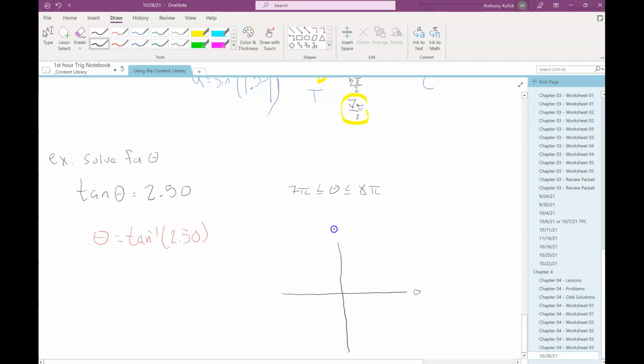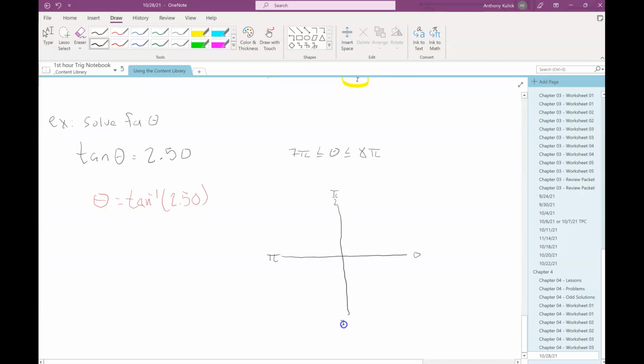So 0, pi over 2, pi, 3 pi over 2, 2 pi, 5 pi over 2, 3 pi, 7 pi over 2, 4 pi, 9 pi over 2, 5 pi, 11 pi over 2, 6 pi.